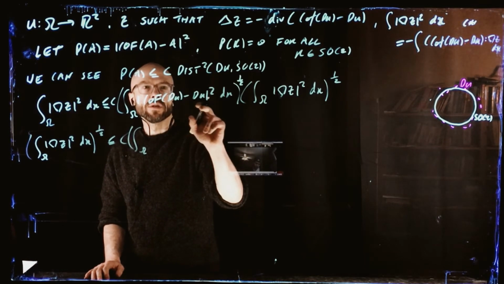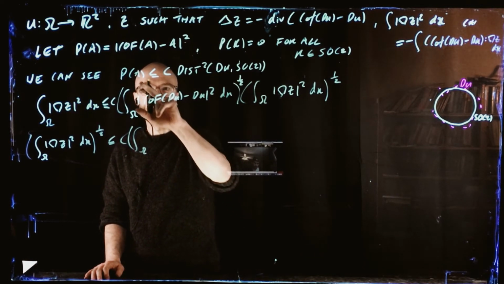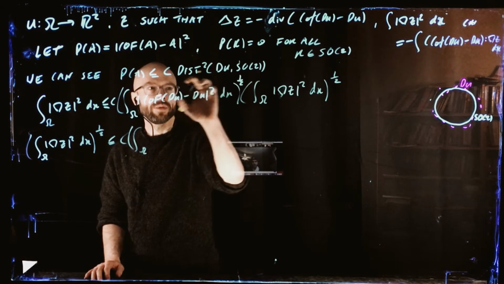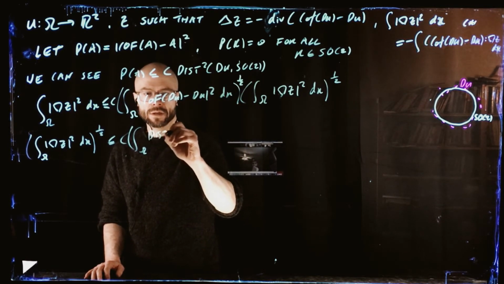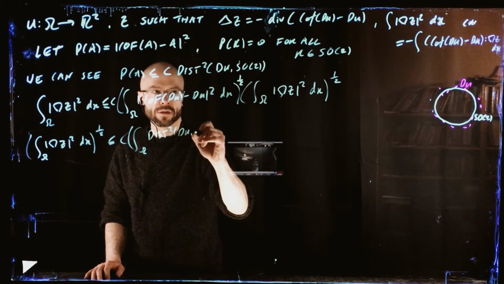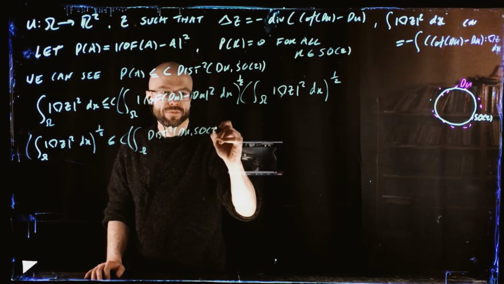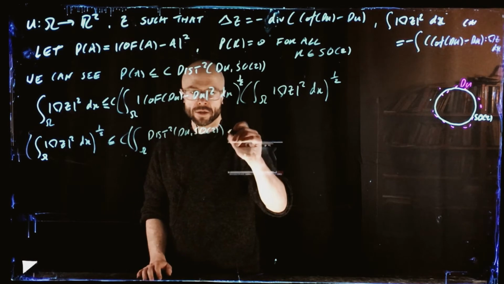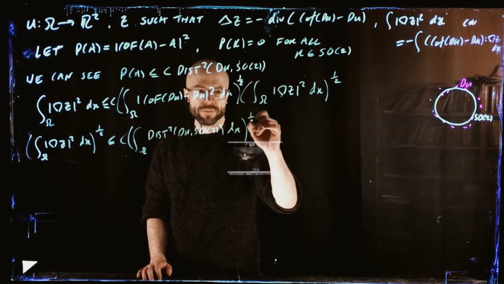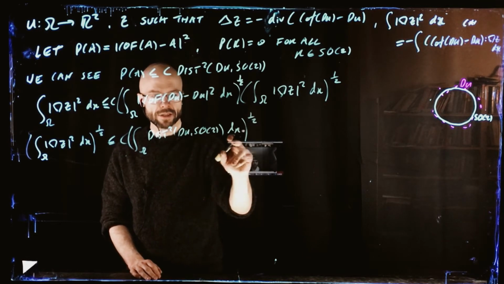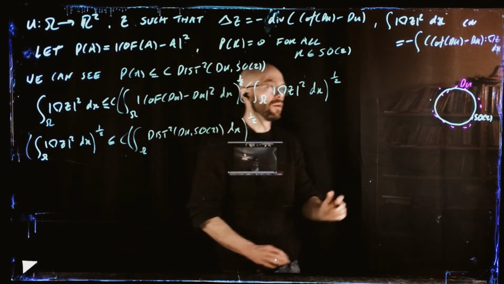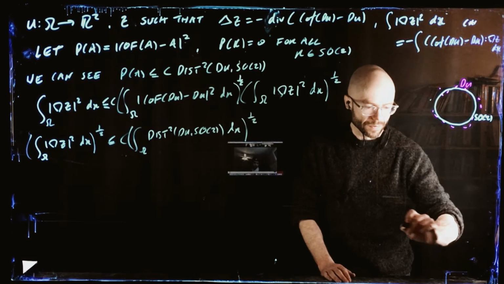And now I can put P, this is how I define P, but P is controlled by the distance, so I'm just going to write the distance squared of the gradient, this thing, 1 over 2. Yeah? And our hypothesis is that this thing is small, so let's actually give this a name.